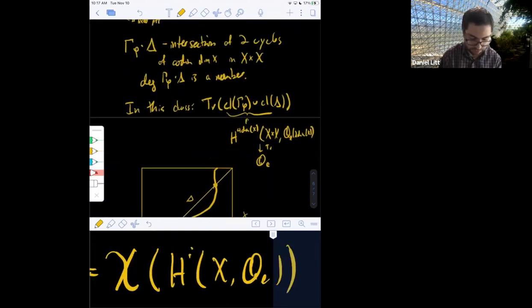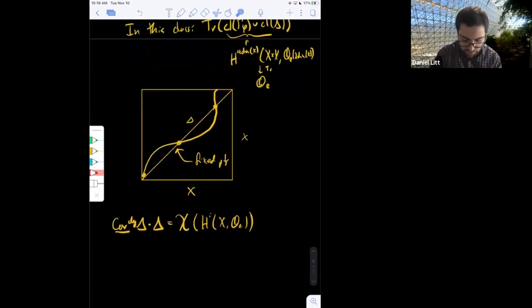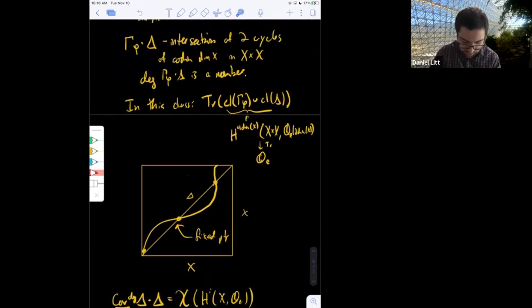Because the diagonal is the graph of the identity map, you get the trace of the identity, which is just the dimension of these groups. We're going to apply this later on.